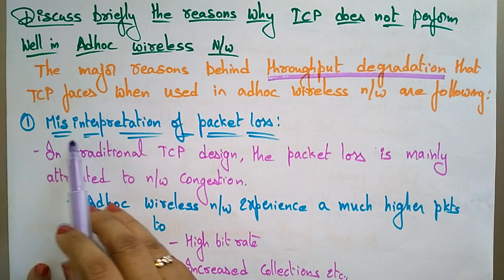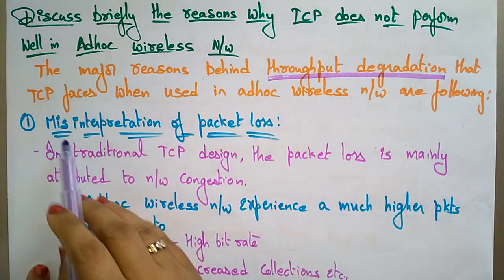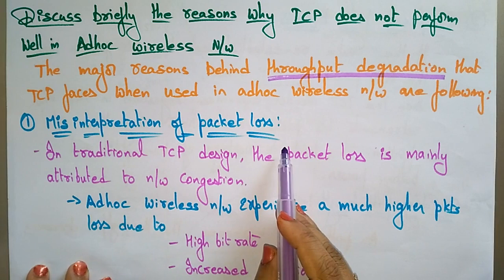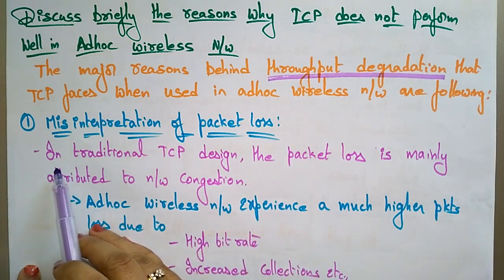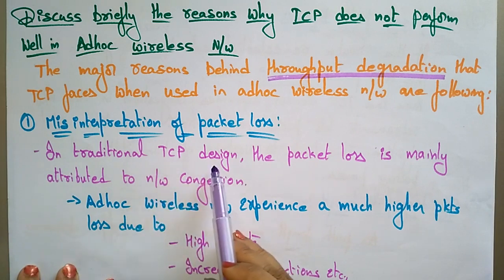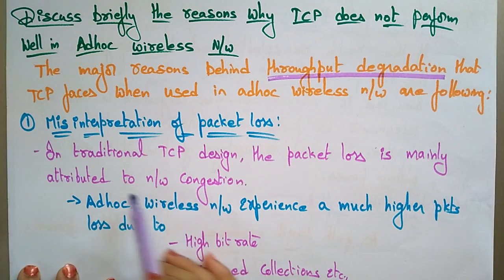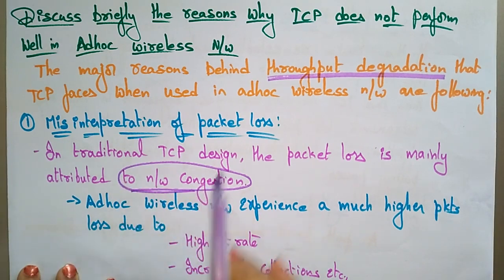The first is misinterpretation of packet loss. TCP does not perform well in ad hoc wireless networks because of misinterpretation of packet loss. In the traditional design of TCP, packet loss is mainly attributed to network congestion. Only because of network congestion is the packet lost in traditional TCP.